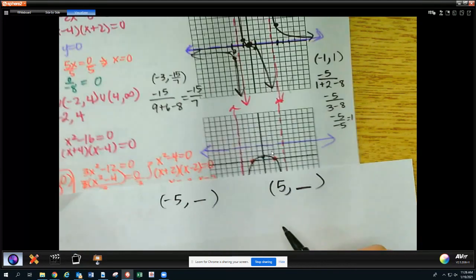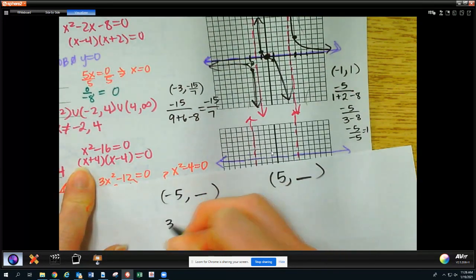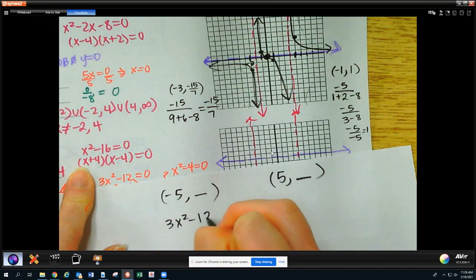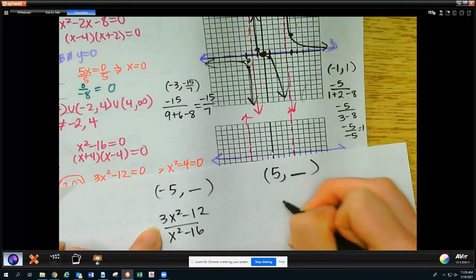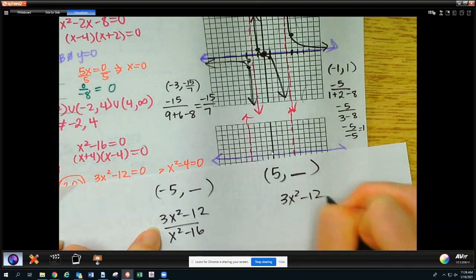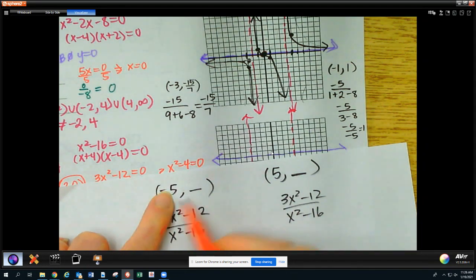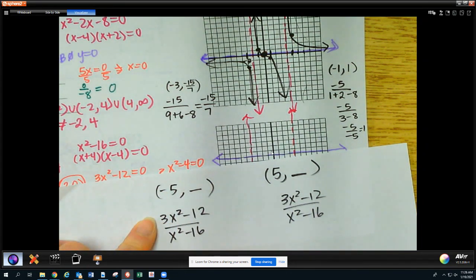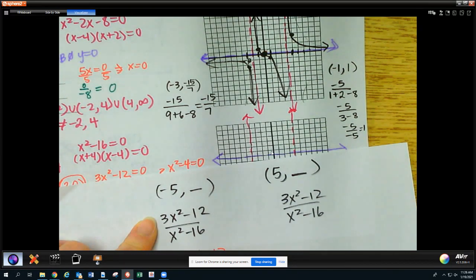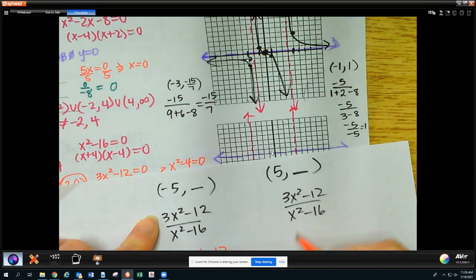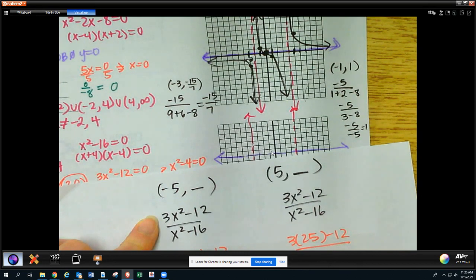So looking at our rule, we have 3x² minus 12 over x² minus 16 in both cases, obviously. Okay, so since we're squaring this -5, it's going to be +25 in both cases. So we're going to get the exact same. This is going to be a very symmetrical function.